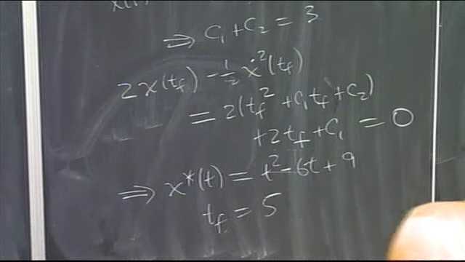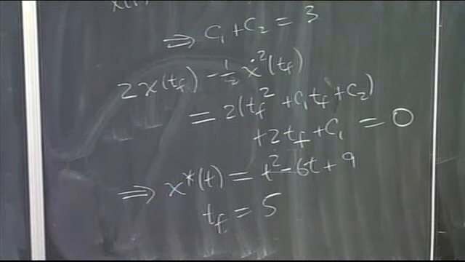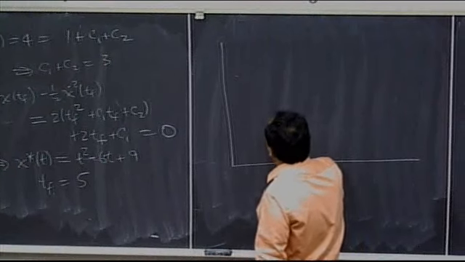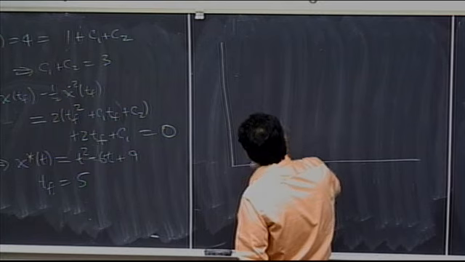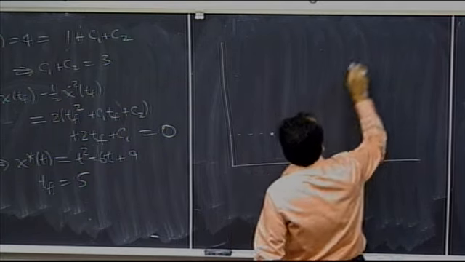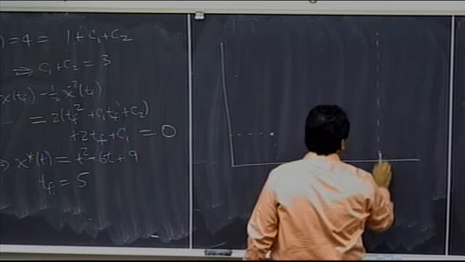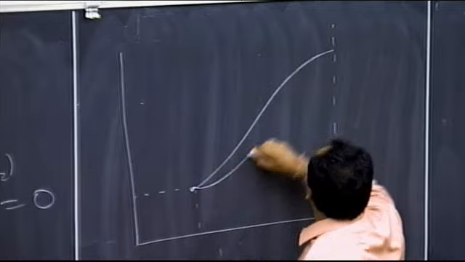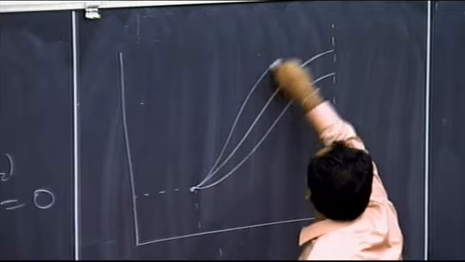Let's do the last case, which is one of the basic cases. Let's suppose again you've got the initial point fixed, but this time tf is fixed, and your final solution has a state, a value of x, that can change.